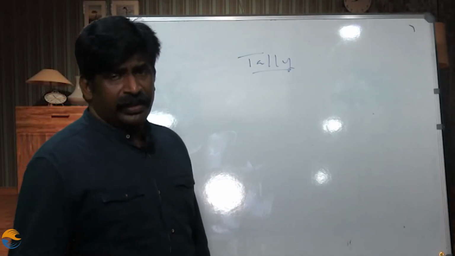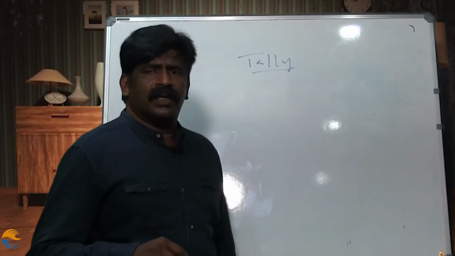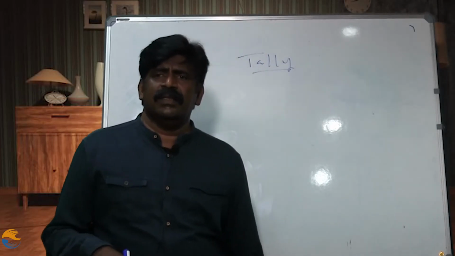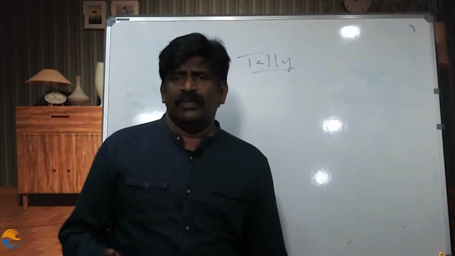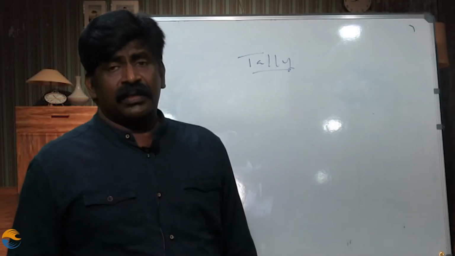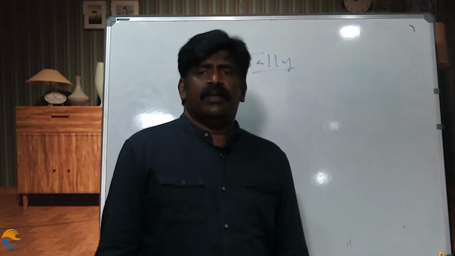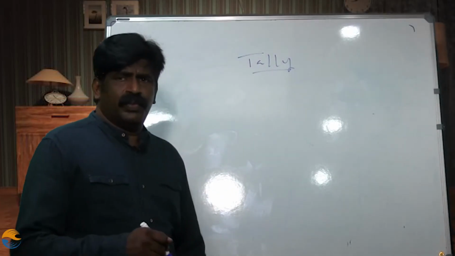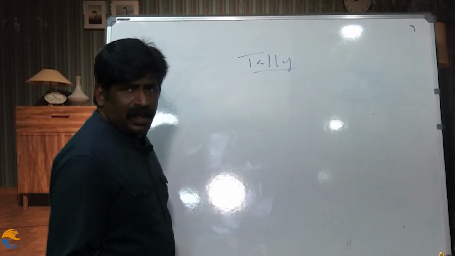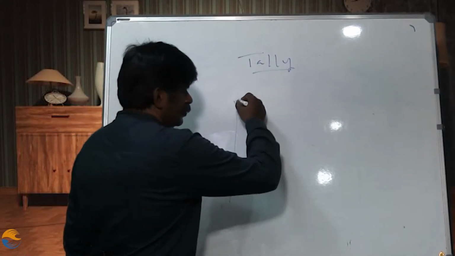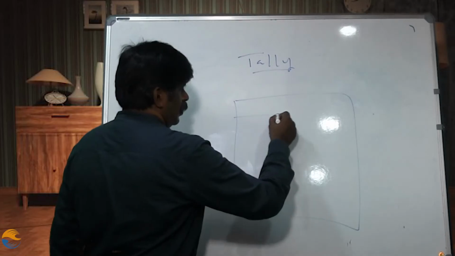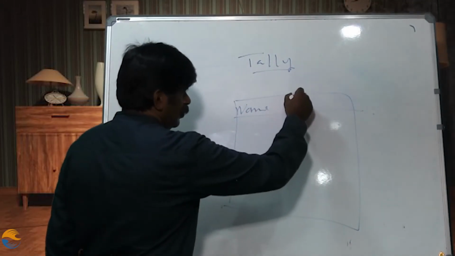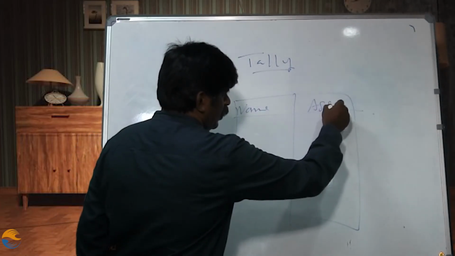That is why I already said the collection and the presentation of information will differ in accordance with the nature of information that we collect and the requirements of the information for analysis. If we want to analyze the age of people, then the table should contain, like this, name in one column and age in another column.